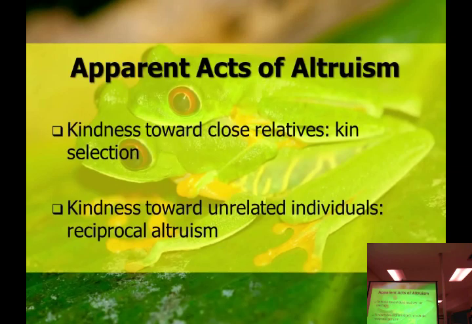So what he found was that kindness towards close relatives, or ones that share the most genes with you, is basically picking your kin to put most of your resources into. And then kindness towards unrelated individuals is called reciprocal altruism, helping out another not related species in order to hope that in the future they will help you out. So basically, I'll scratch your back if you'll scratch mine.